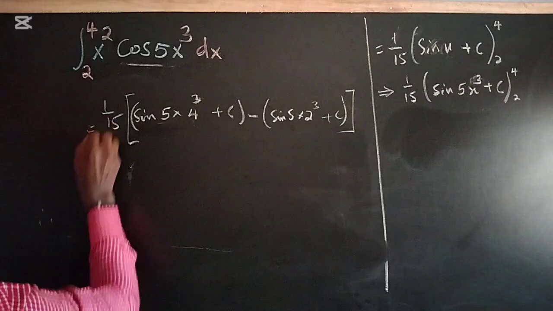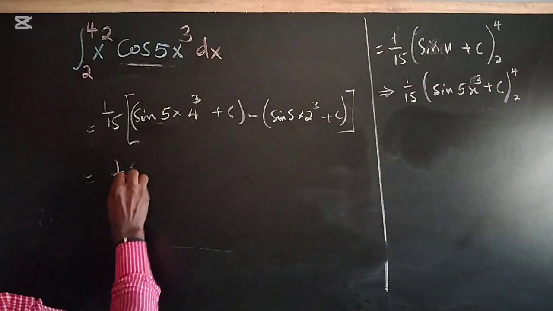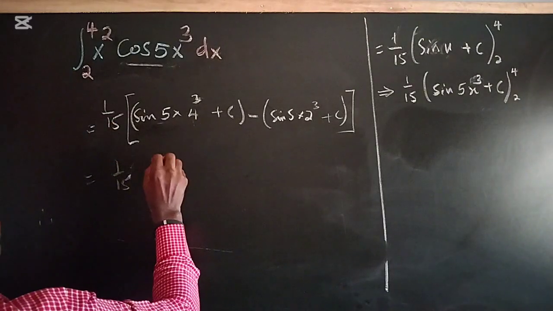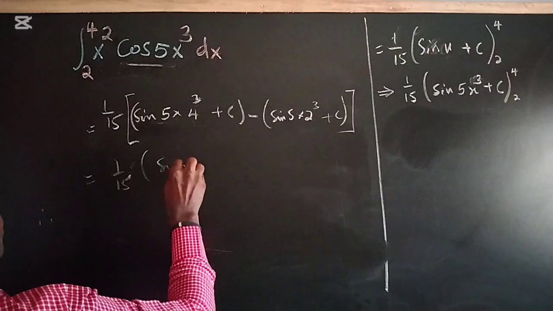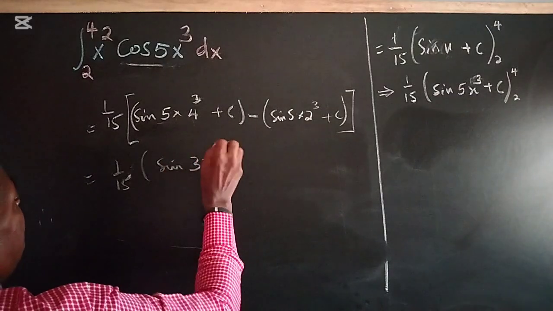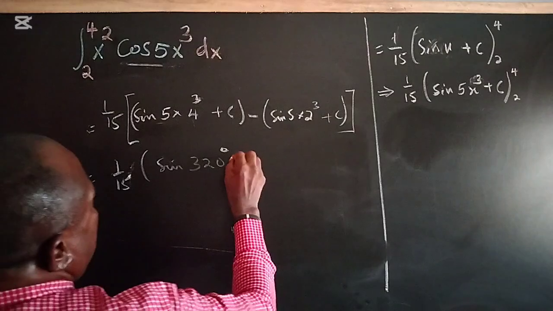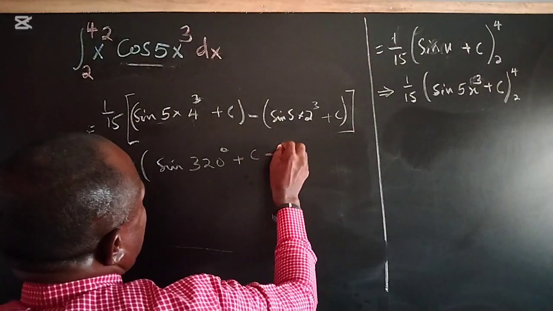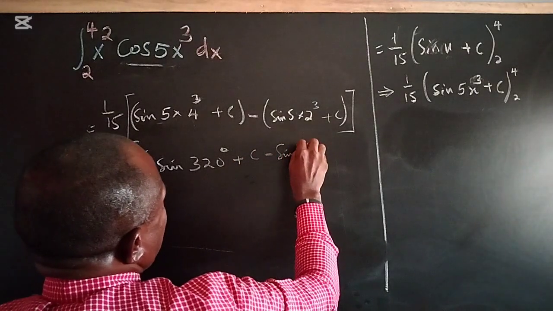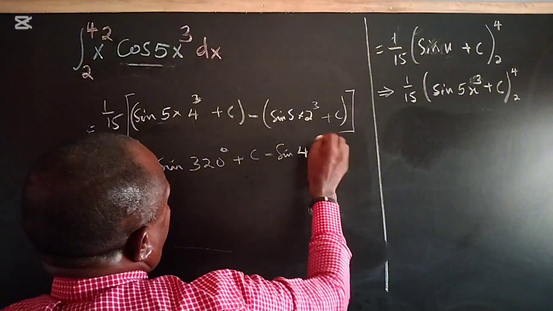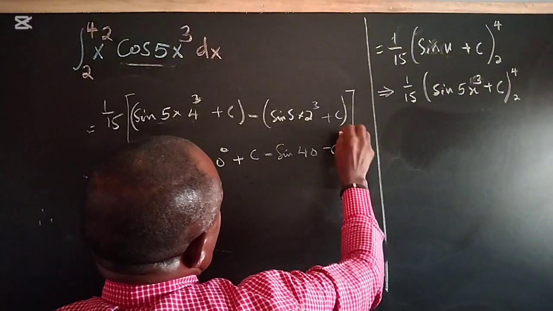So what we have here, the result is going to be 1 over 15, and then we have sine 320 degrees plus c, minus sine 40 degrees minus c.